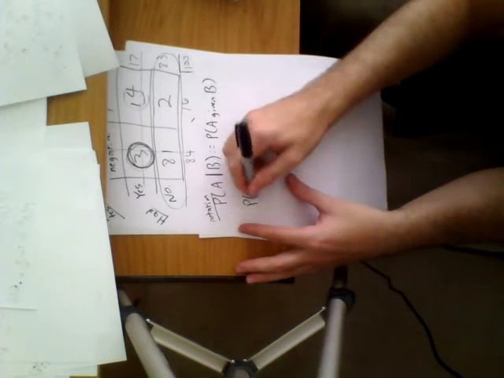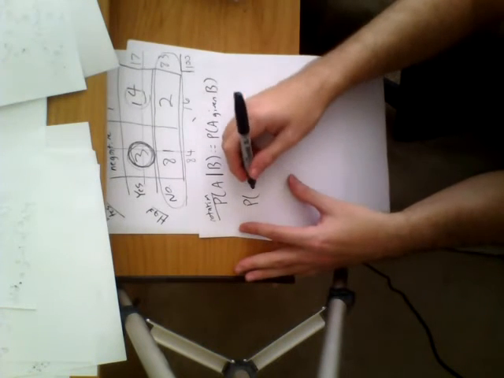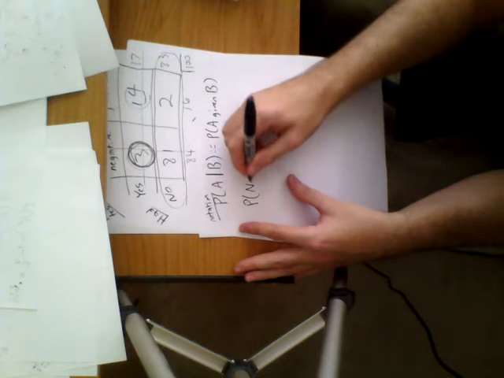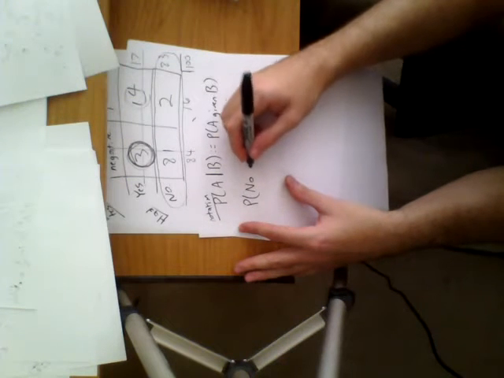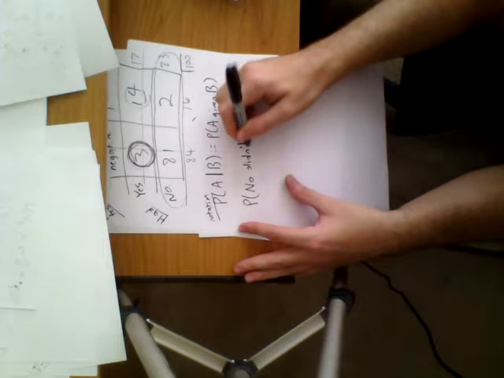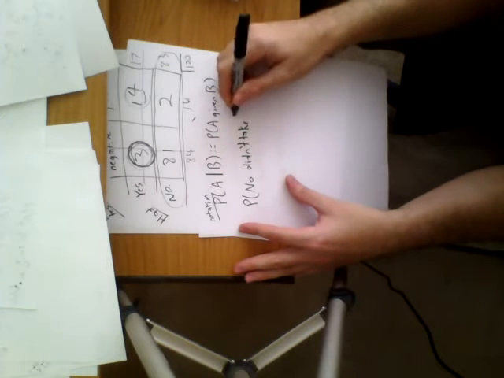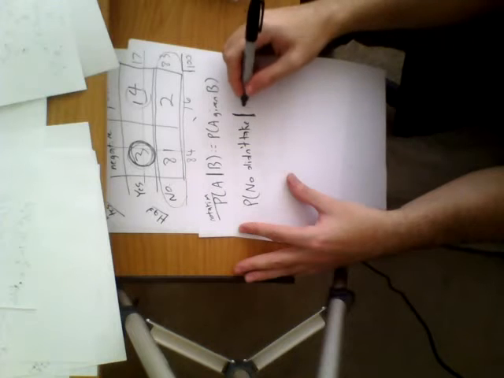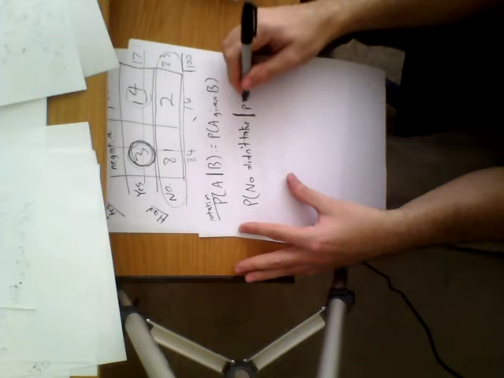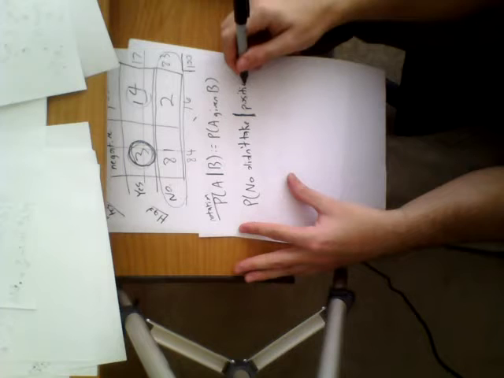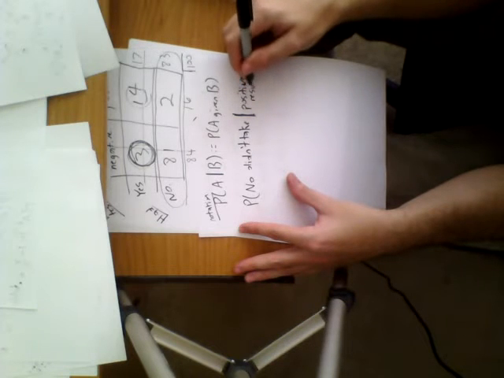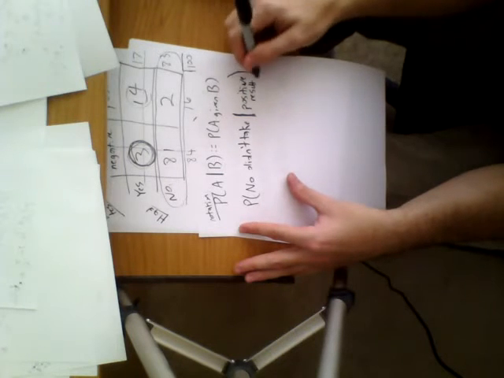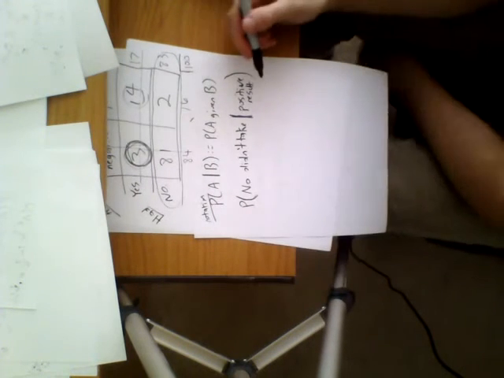So here, let's look at this. Probability that no, they didn't take it, given that it was a positive result. Okay, so this is a little bit different from what we've been doing before. So this is sort of a false positive.